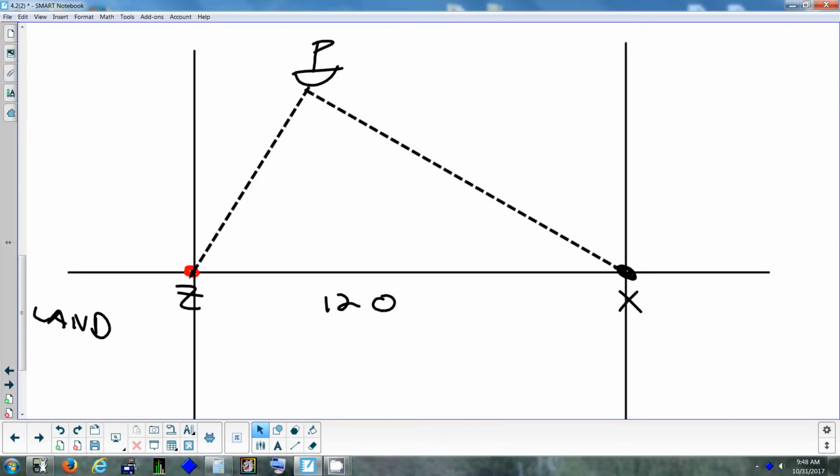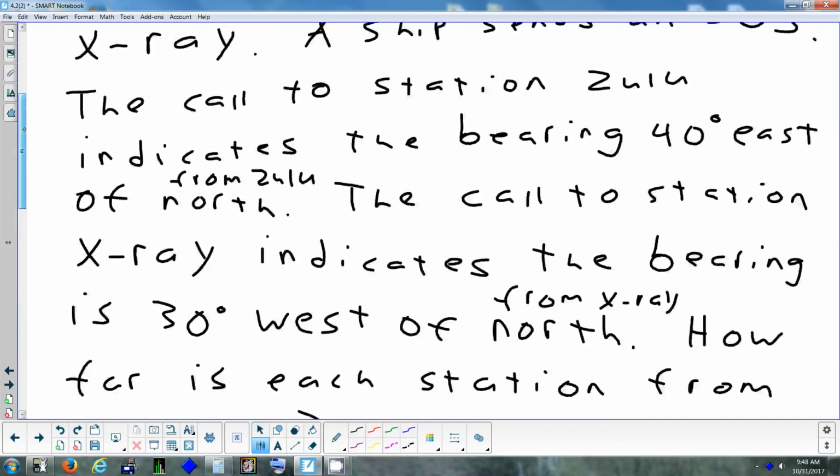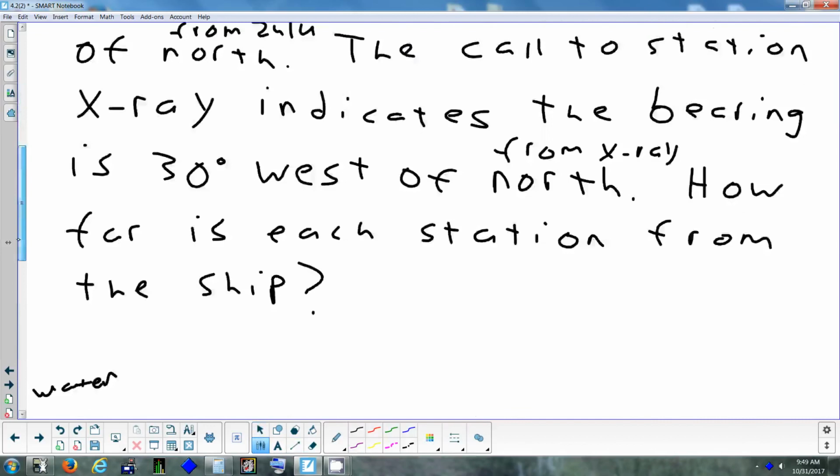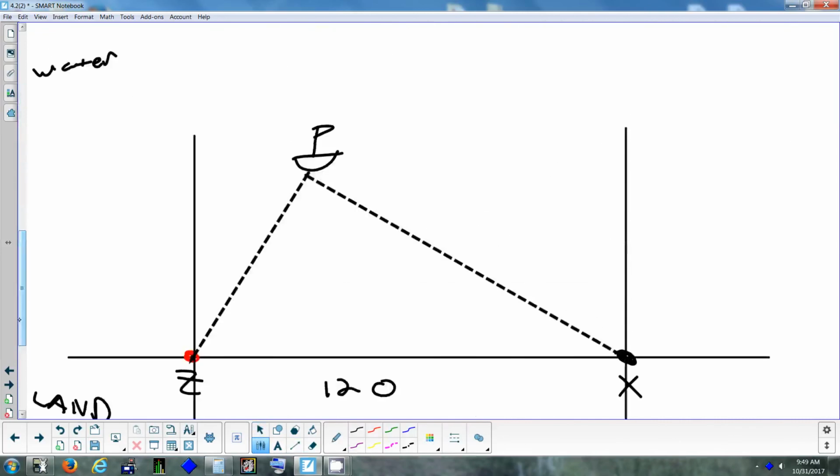Okay. So now let's look at what the angles should be. The call to station Zulu is 40 degrees east of north. East is like right. So 40 degrees to the right of directly north. This is north. So 40 degrees to the right or to the east of north.